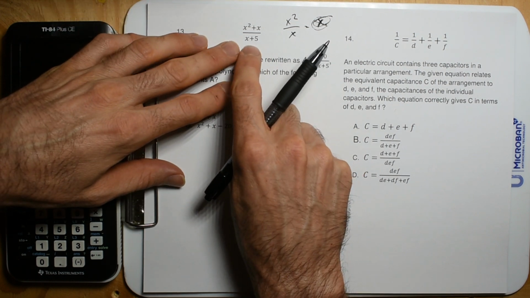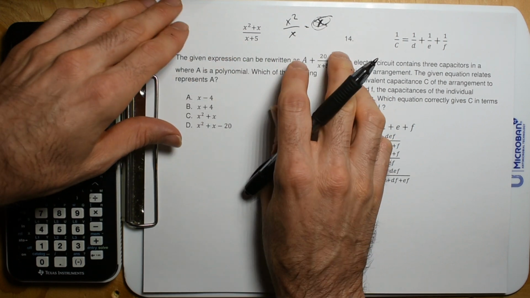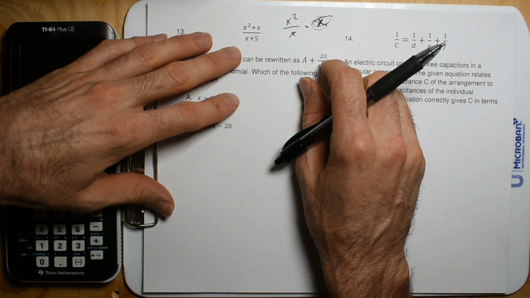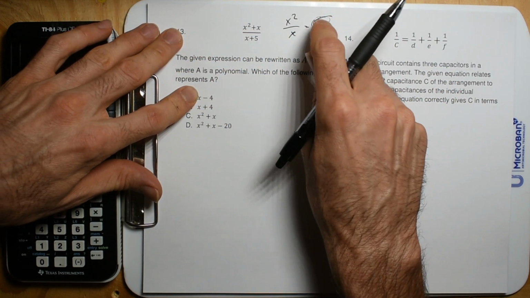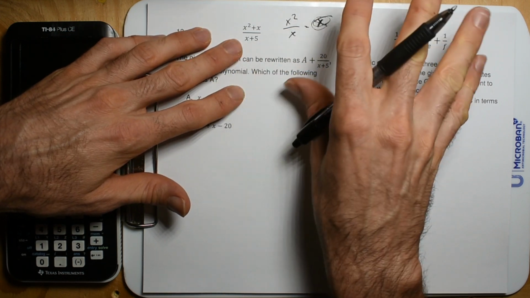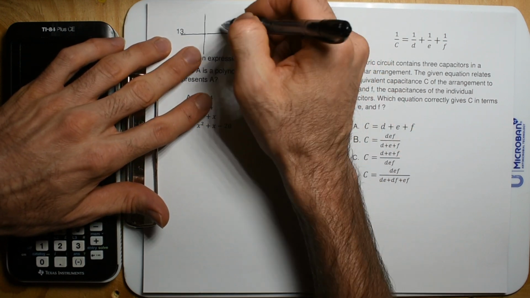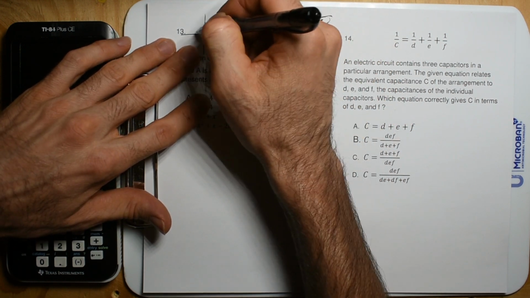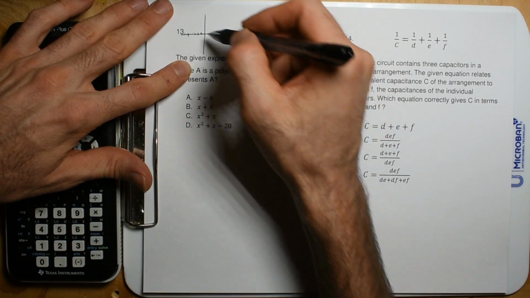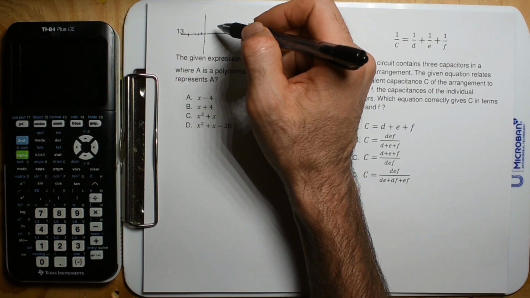But this x cannot be negative 5, because then you would divide by 0. If x was negative 5, this whole thing would go to infinity. So that's where this definitely isn't linear. But let's say it's anything besides that.